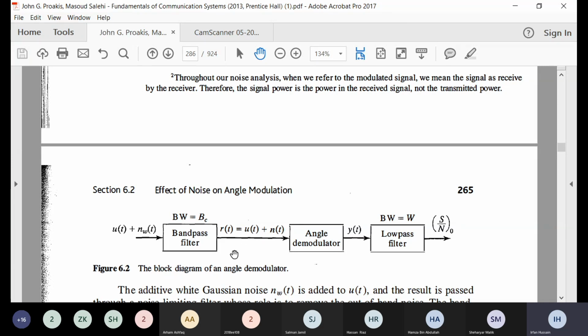Then you will have an angle demodulator that will give you the message signal, and the message signal will be present only within W bandwidth, so you will pass it through a low pass filter, which will give you the message signal.